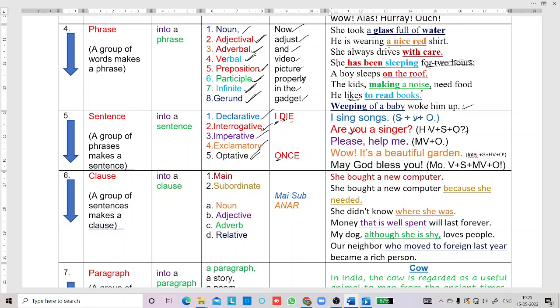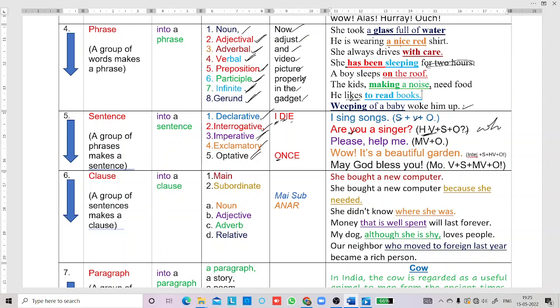Next one is called imperative sentence. Now questions are also of two types, starting with the helping verb, and starting with WH words. So they are there. Next, what is called an imperative sentence? One example I have given here, please help me.